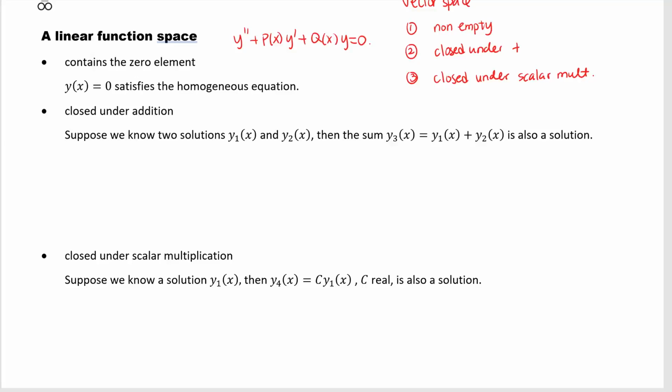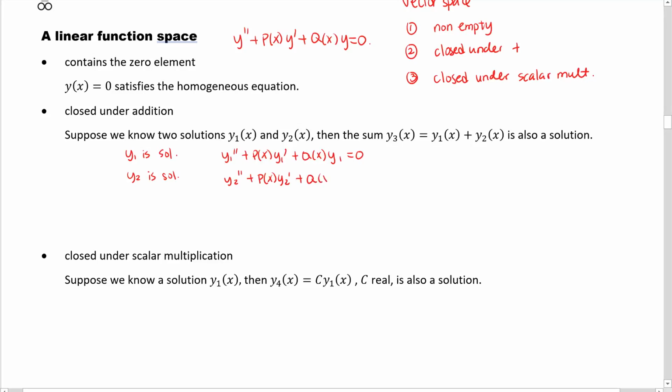Next, let's check closure under addition. Suppose we know two solutions, y1 and y2, and we want to show that the sum is also a solution. Because y1 is a solution, y1 double prime plus p of x y1 prime plus q of x y1 equals 0. And because y2 is a solution, y2 also satisfies the differential equation.